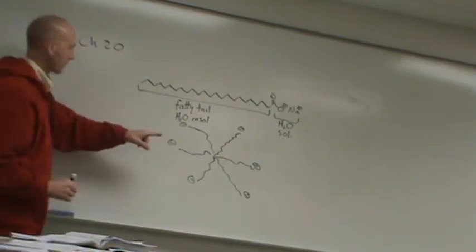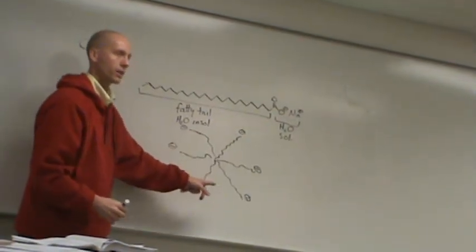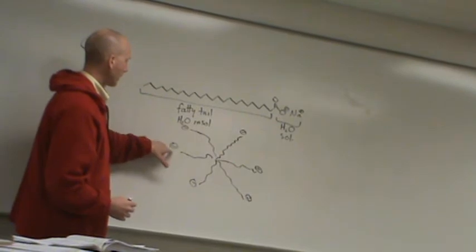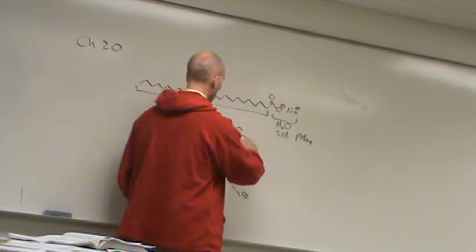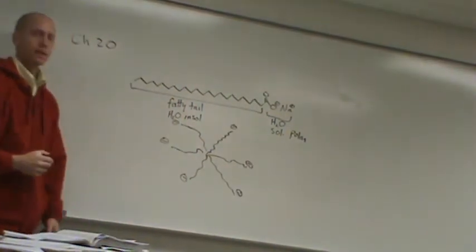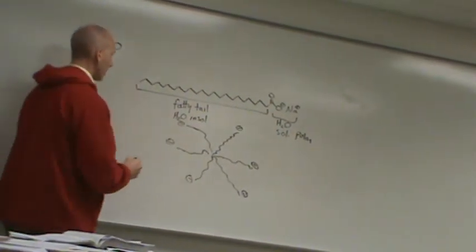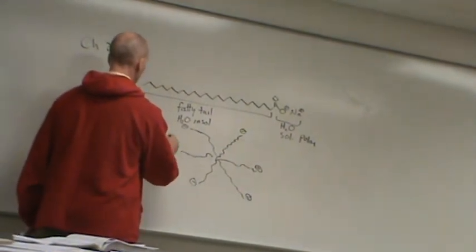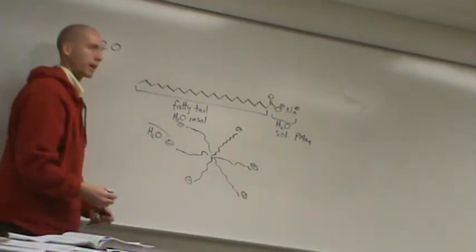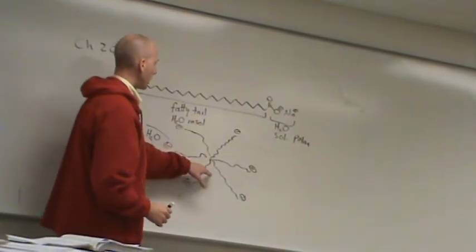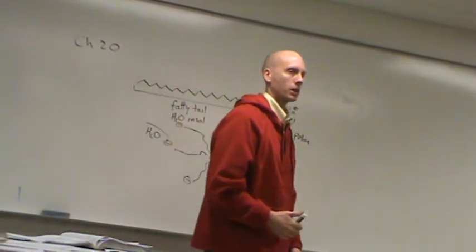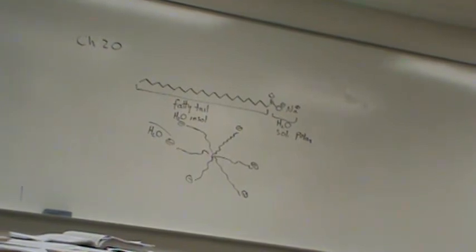You would get the fatty tails bunching together on the inside, and the polar heads on the outside, where you have water, so that's the attraction of polar to polar, and on the inside you have nonpolar, so those like to mix together. And so you get this kind of structure forming.